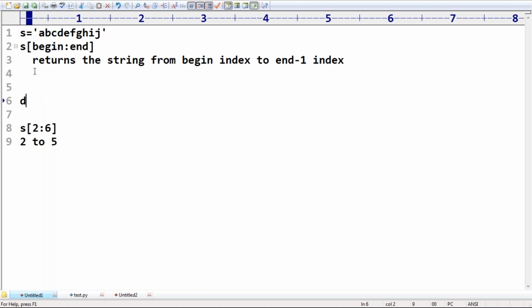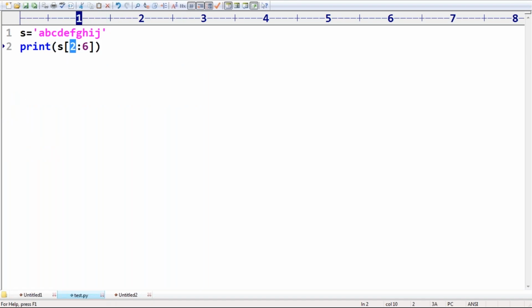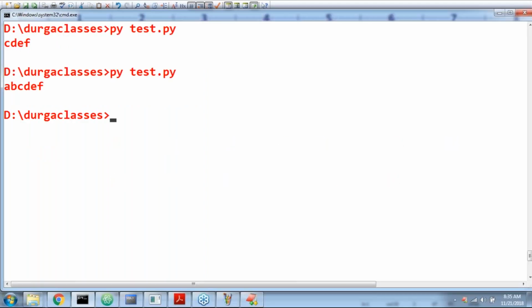If I remove the 2, then from index 0 onwards until n minus 1, the whole 0 to 5 part we get by default, starting from 0.